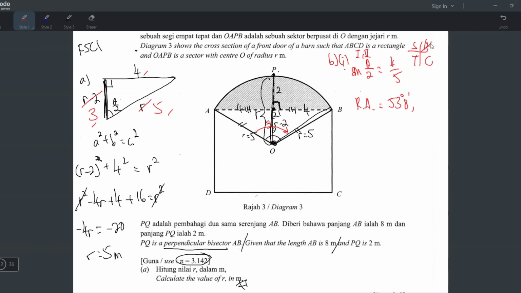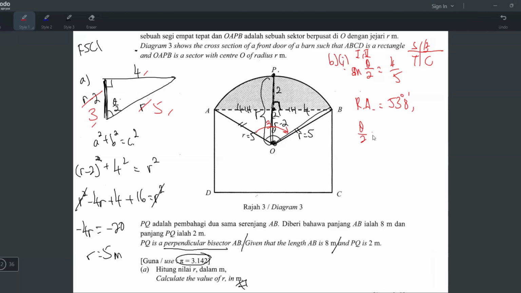So there's one answer in quadrant 1, one answer in quadrant 2, but we ignore the quadrant 2 answer because this angle is inside the right angle, so this angle has to be less than 90 definitely, because this is already 90 and the total angle inside the triangle is 180, so this angle has to be quadrant 1. That's why we ignore the answer in quadrant 2.